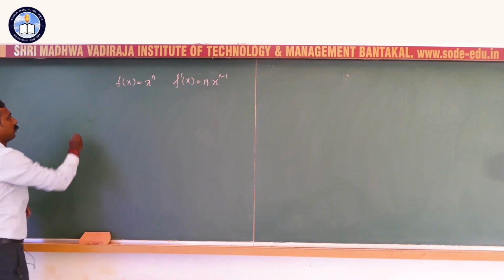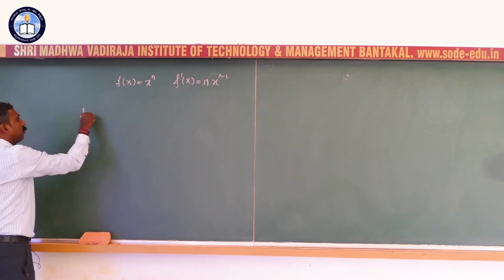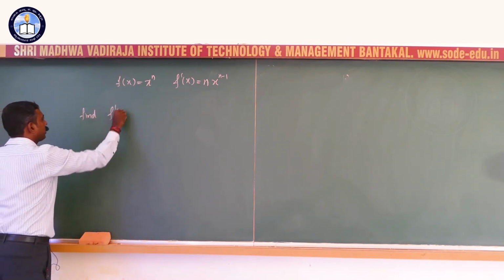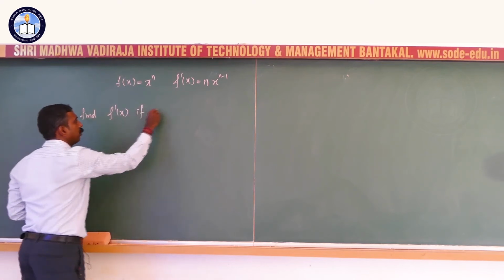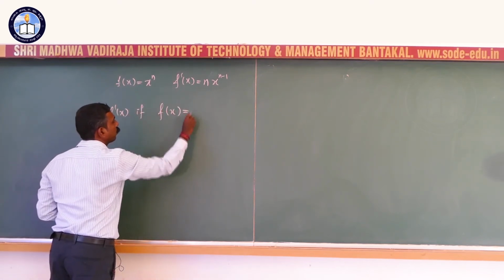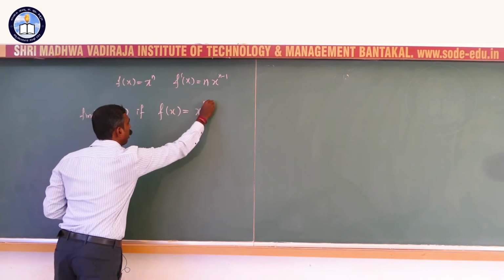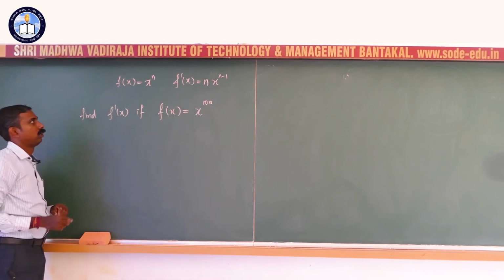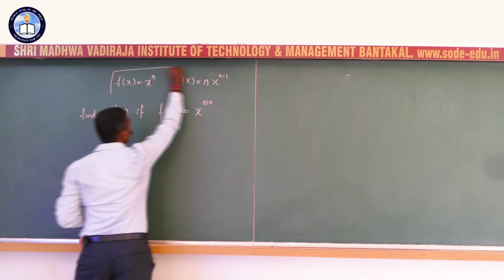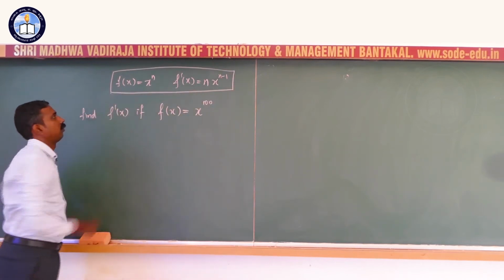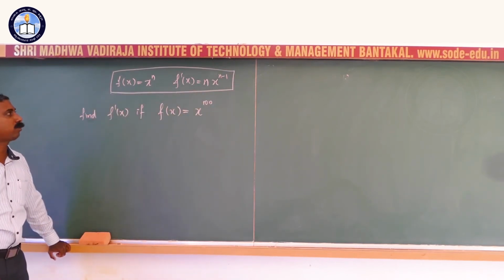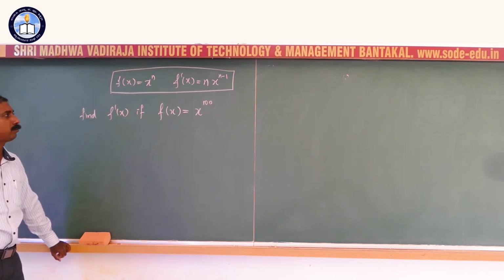Let us calculate. Find f dash of x if f of x is equal to x to the power 100. We have this formula, the golden rule. If f of x is equal to x power n, then f dash of x is equal to n into x to the power n minus 1.